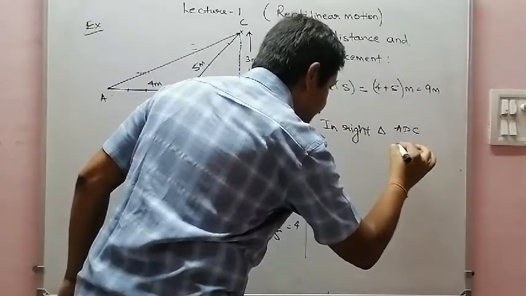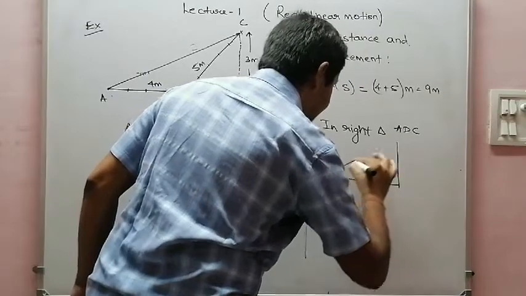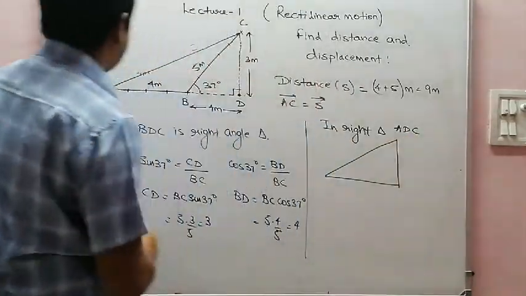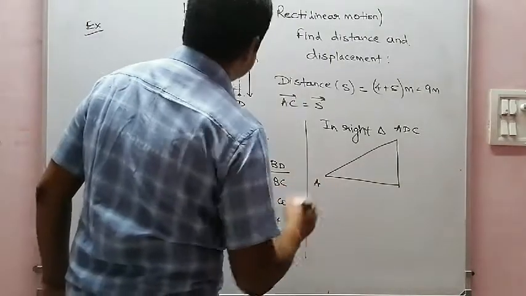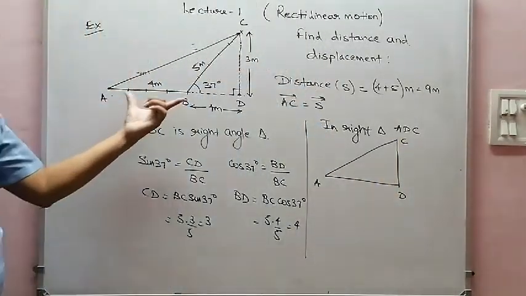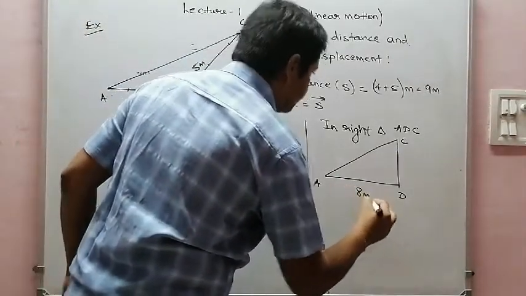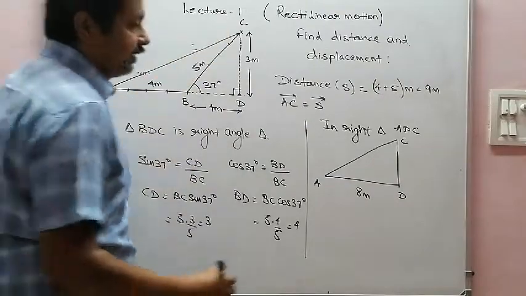We can draw it again like this. ADC. Now AD becomes 4 plus 4, that is 8 meter, and CD becomes, that is 3 meter.